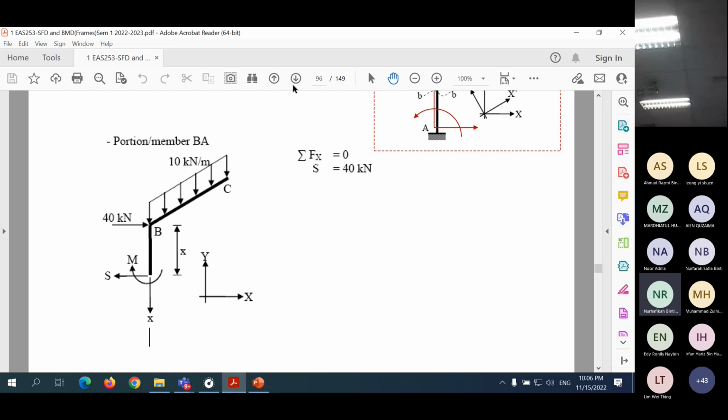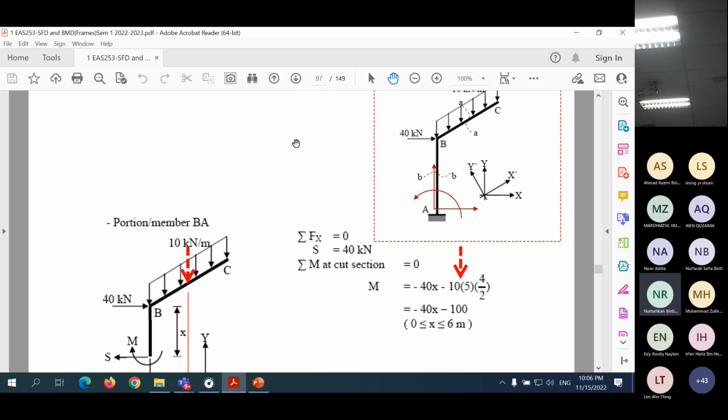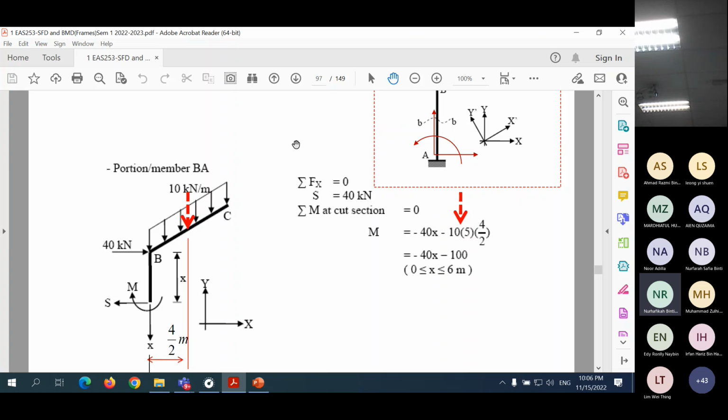Bending moment next. Now, we go back to the definition of moment. Moment is force multiplied by perpendicular distance. So when we want to get the bending moment at this point, caused by this loading, we just find the equivalent load, which acts vertically, then multiply with the perpendicular distance.